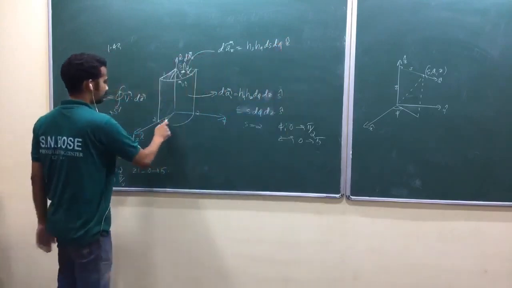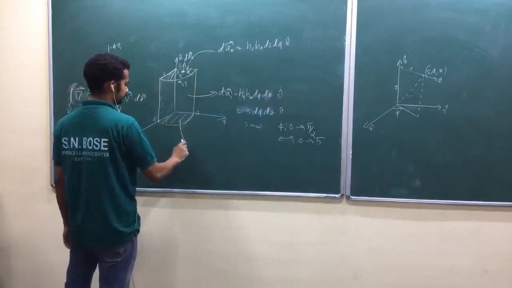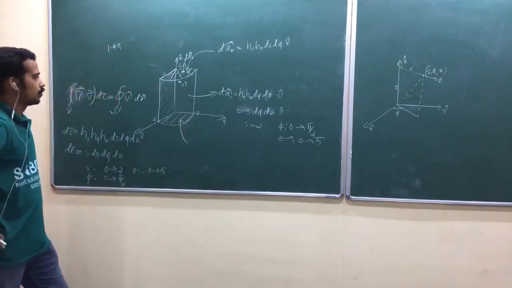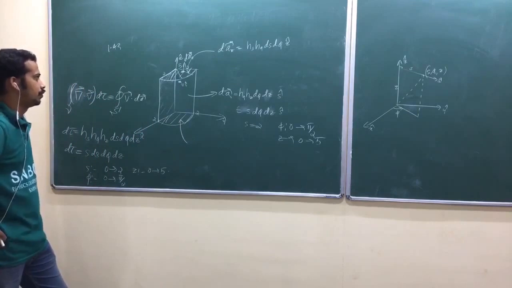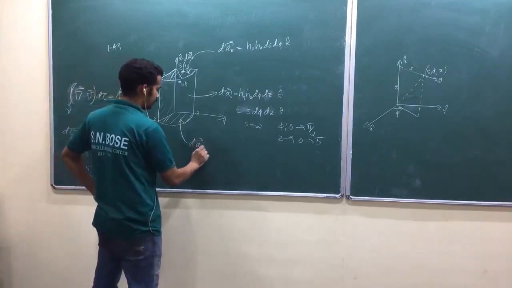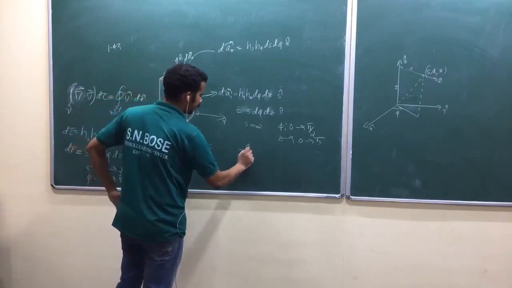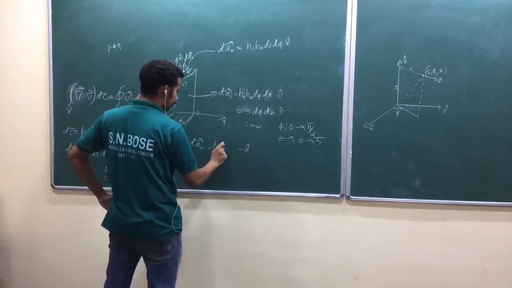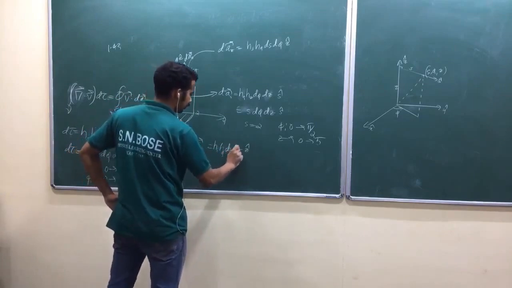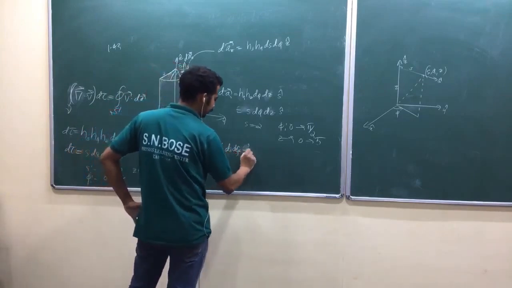And for the bottom, dA is along minus Z cap: S ds d phi into minus Z cap.